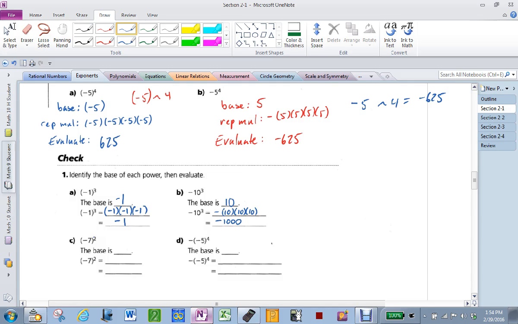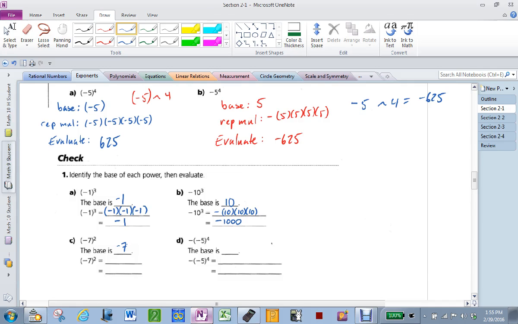Okay, so look at C. Don't shout out an answer. What are you going to write in the first blank? Everybody got it in their heads? Were you going to write negative 7? Yes, because that's right. Why is it right, James? Because it's in brackets. Which means what is repeated 2 times?